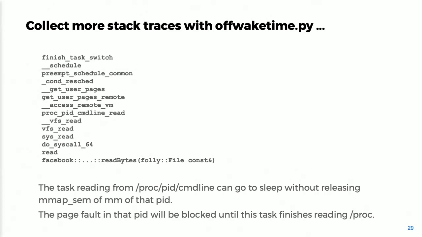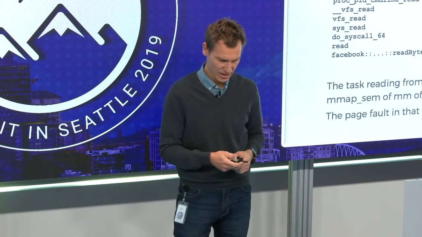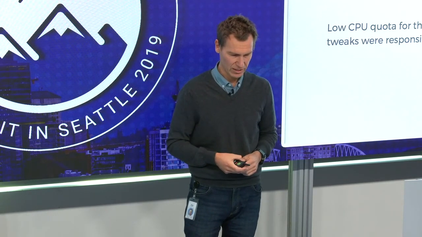Underscore schedule is what the kernel is doing when it needs to put one task to sleep and schedule another one to execute on this particular CPU. So in the end, what it really was, was a priority inversion inside the kernel where the lowest priority process was significantly affecting the most important job that was running in the kernel.